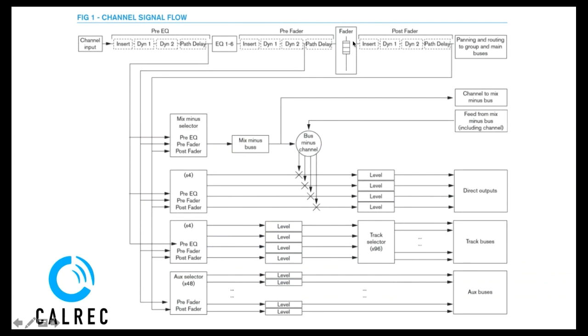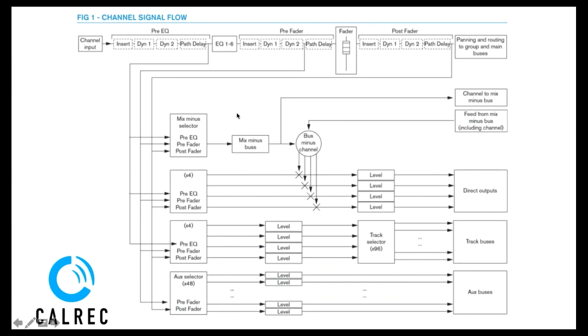Those are all various pick-off points where, if I wanted to, I could take a signal before the equalizer and send it to one of these outputs, whether it be an aux send or a direct out. I might want another signal after the EQ doing the same thing.